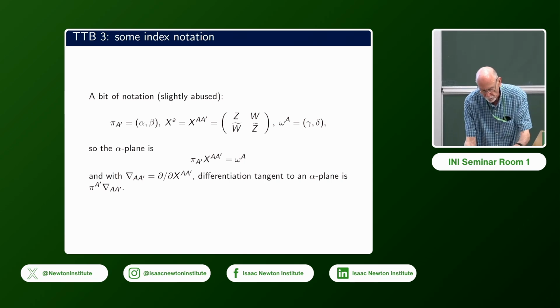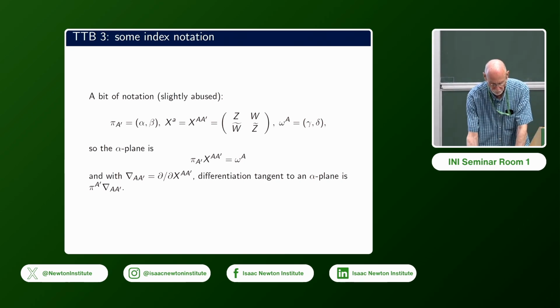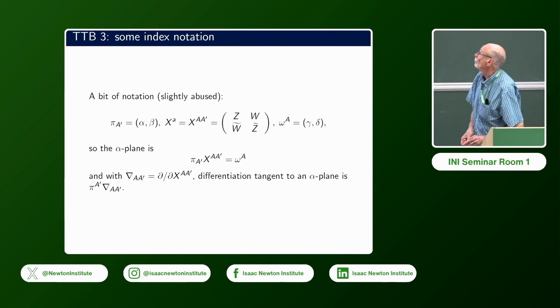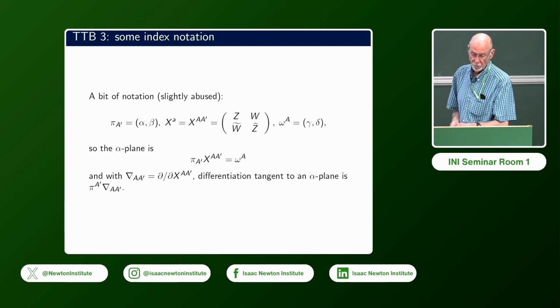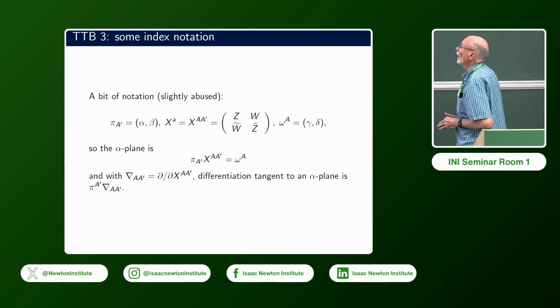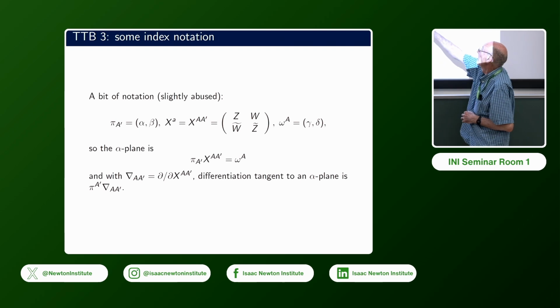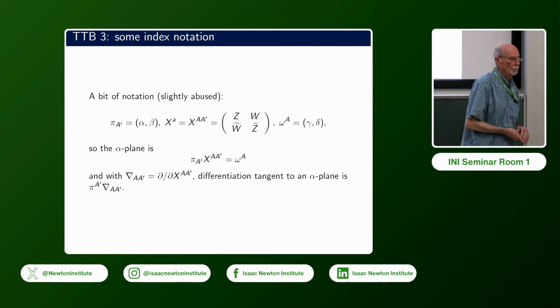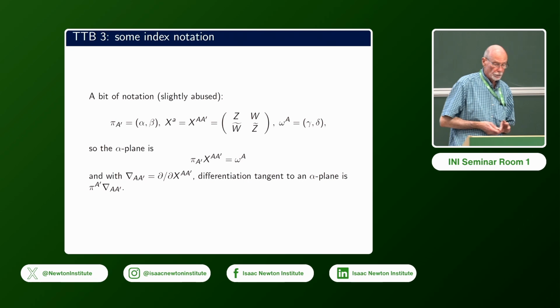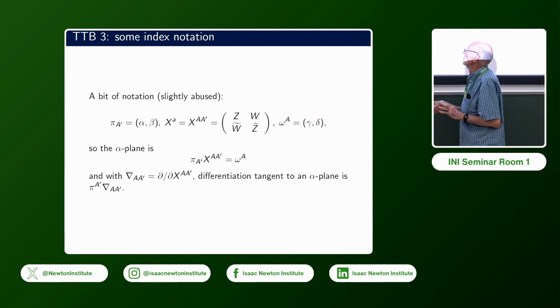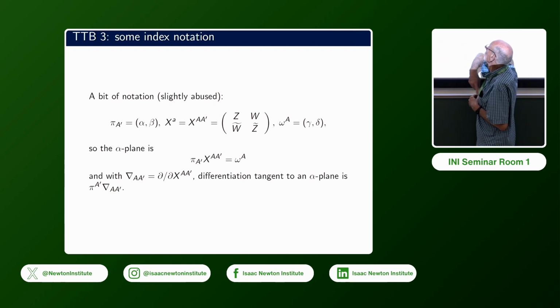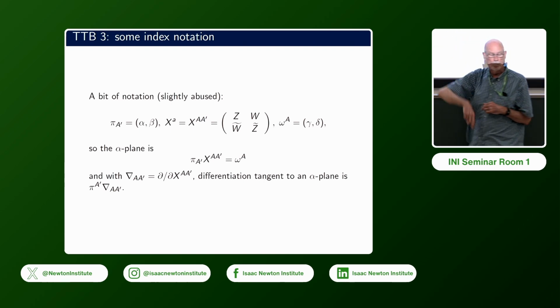So you can do it all with indices, and once again, I'm going to be a bit slack about this, but if you write the coordinates as a 2x2 matrix and the spinors as two-component vectors, then the two equations of the alpha plane have the A as the free index in there, and that's having its two values. And the only reason for wanting to do this is so that I can smuggle in the idea that the derivative with respect to the coordinates looks like that.